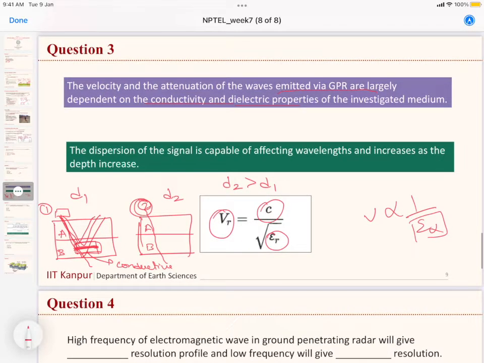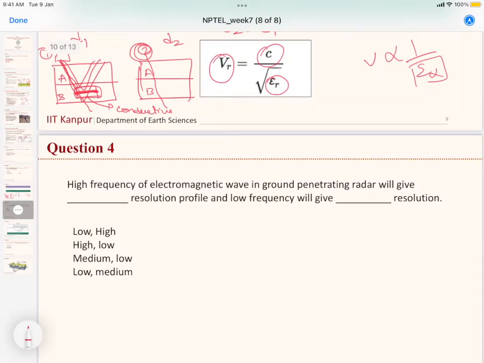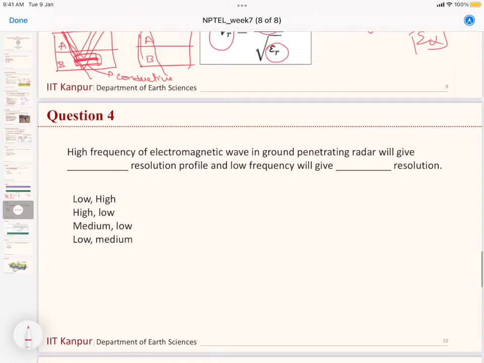Now in line with this discussion, there is another question I thought of discussing, since we are discussing the GPR concept in more detail. So this is another question.